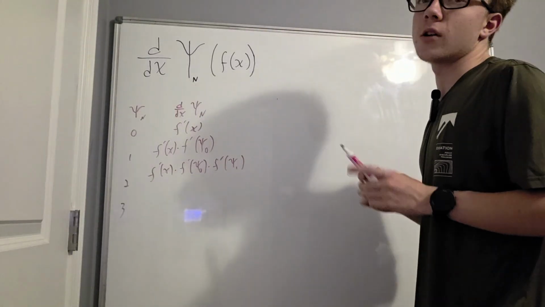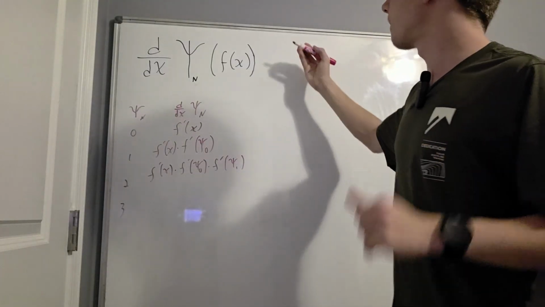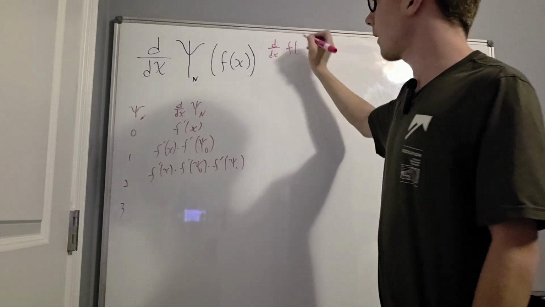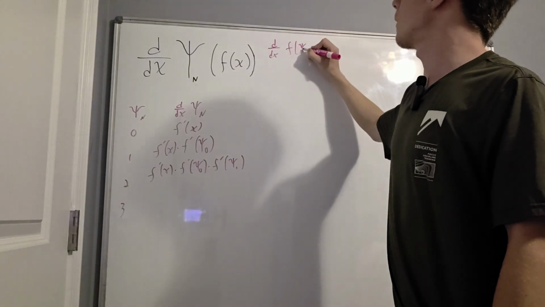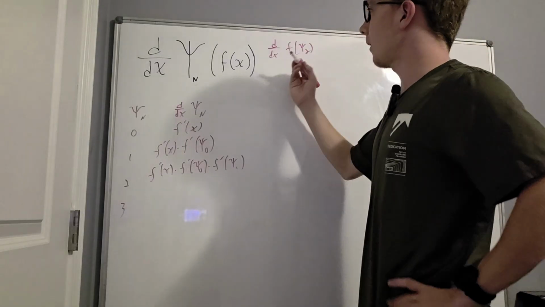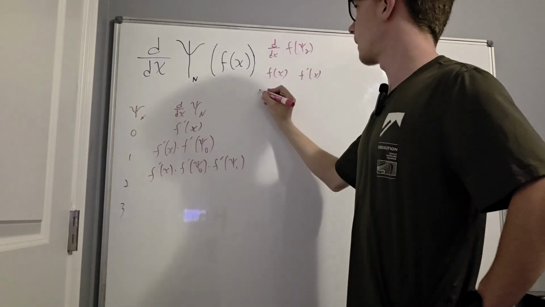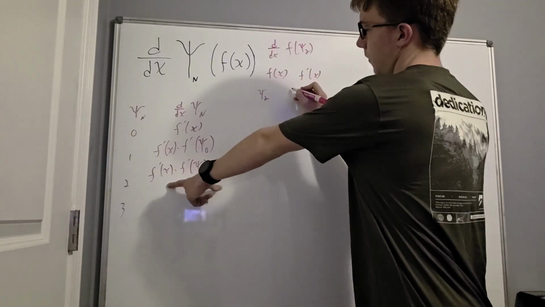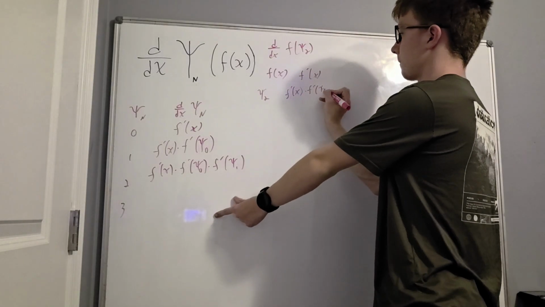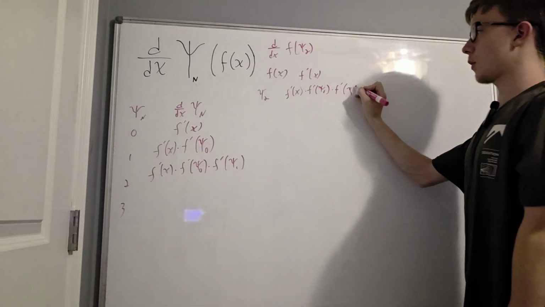All right, so from here, what I'm going to do is same thing I did before. We're looking at the derivative with respect to x of f of, in this case, I'm actually going to write it this way, of psi 2. Okay, so now what? Well, I'm just going to take f prime of x, psi 2. Then we got this long thing here, f prime of x times f prime of psi 0 times f prime of psi 1.